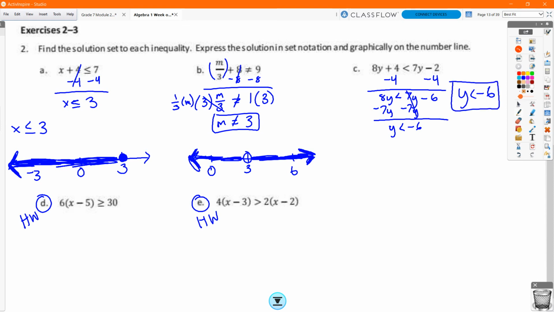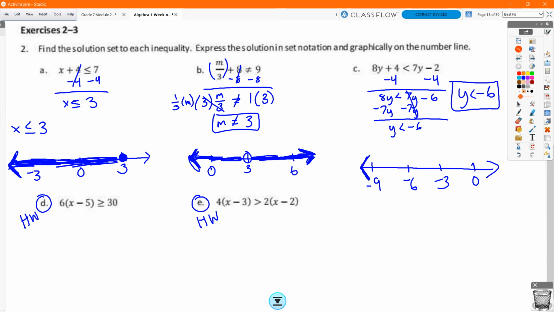Now I need to do it on a number line. So here's 0, here's a negative 3, here's a negative 6, and here's a negative 9. I'm looking for values that are less than negative 6. What I love about this is the inequality sign points you in the direction that you're supposed to be going. Look at the arrow at the end.